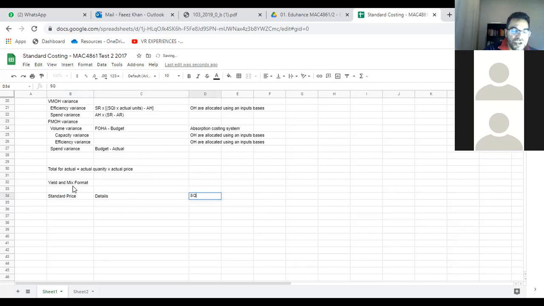Then you're going to have SQI. You're going to have revised SQI, and then you're going to have actual quantity. Okay, that will give you a yield variance. That will give you a mix variance.